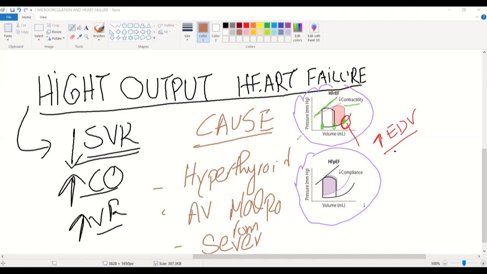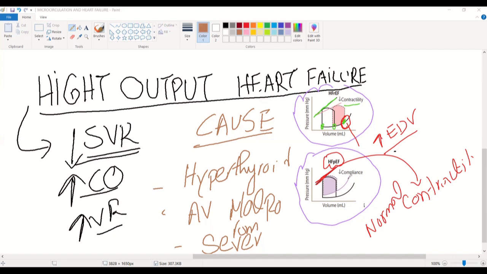Sometimes they give you this kind of pressure volume loops, and you have to identify which one. So this is the normal contractility. This is heart failure with preserved ejection fraction, so the contractility is normal. What about the compliance? The compliance is decreased.